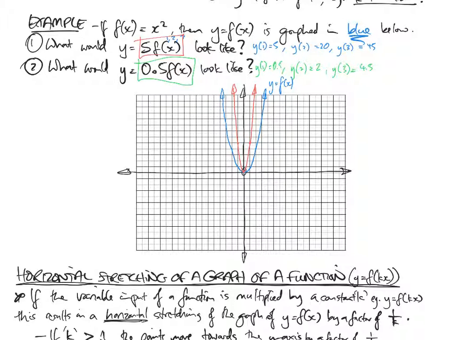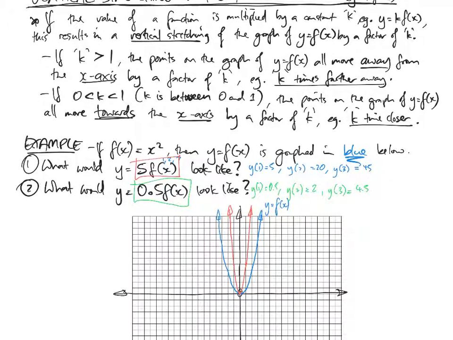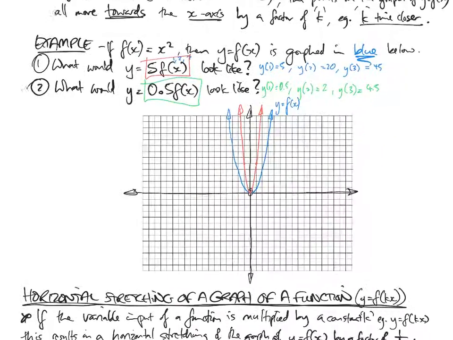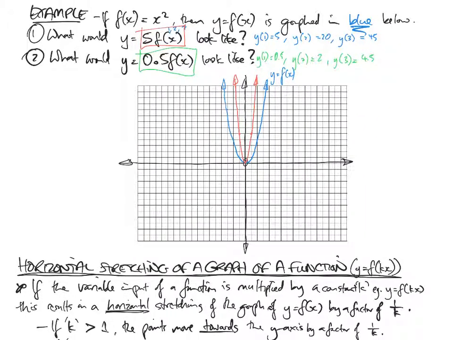So this graph, if k is 0.5, it's between 0 and 1, it should be causing a vertical stretch where the points all move towards the x-axis by a factor of k. They're going to be k times closer, and I think that's what we're going to see here.